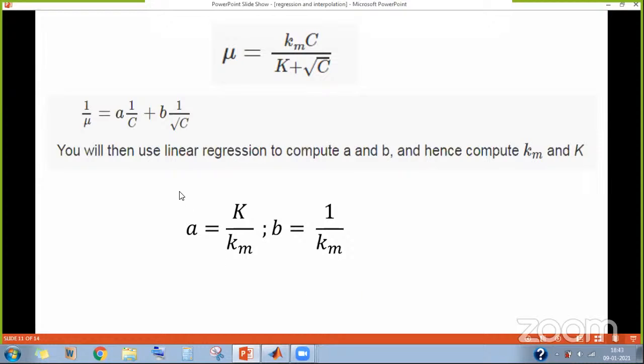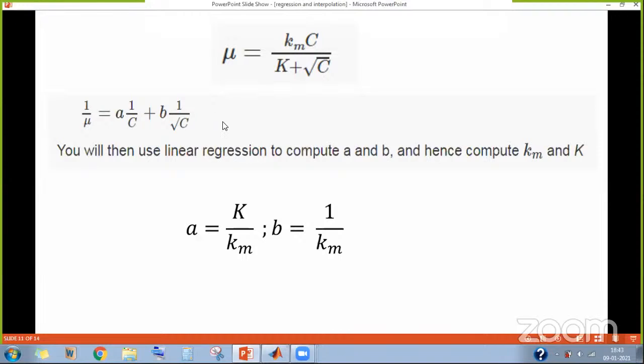So what we can do over here is create separate matrices. Let's say 1 by mu is the vector y, and 1 by c is our vector x, and 1 by root c is our vector, let's say, u.